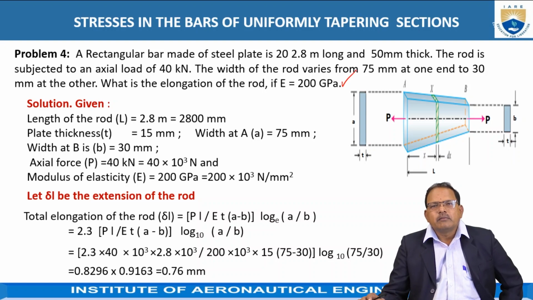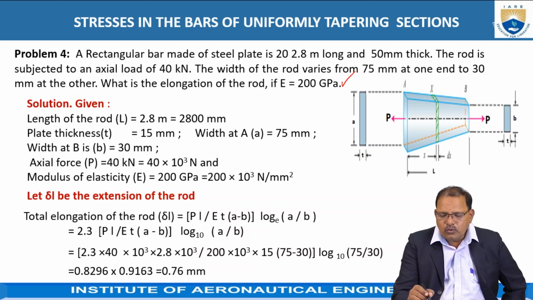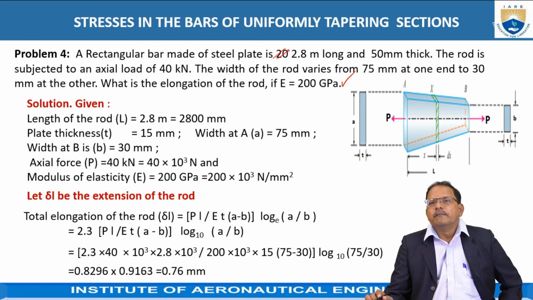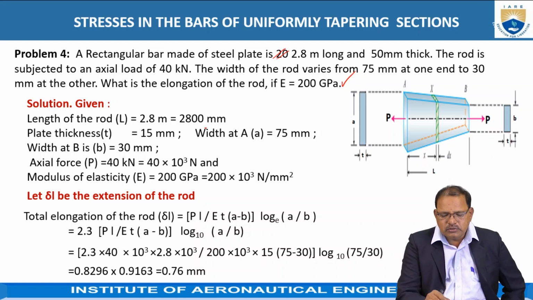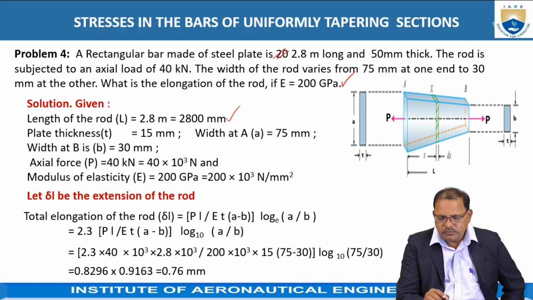The given data in the problem: the length of the bar is 2.8 meters, which is equal to 2800 mm. Plate thickness is 15 mm.